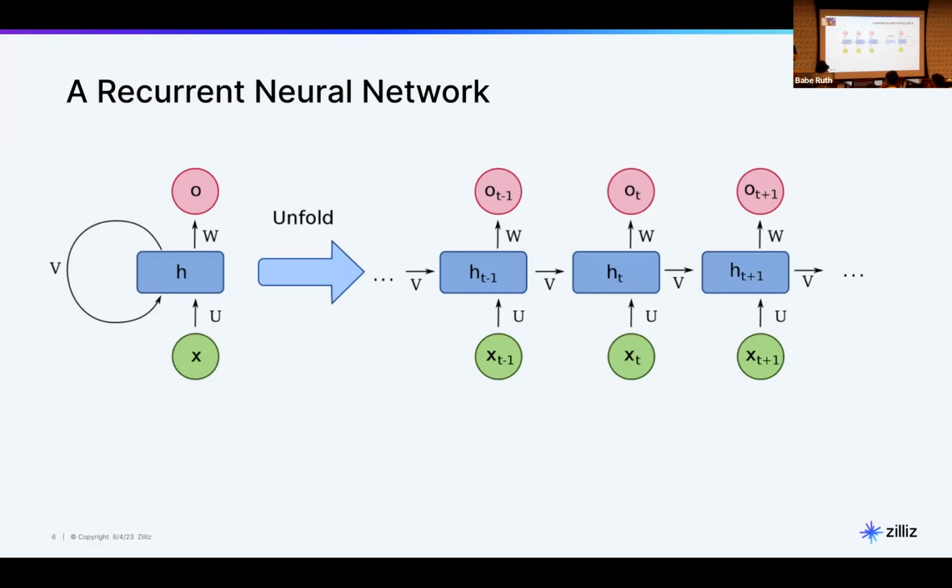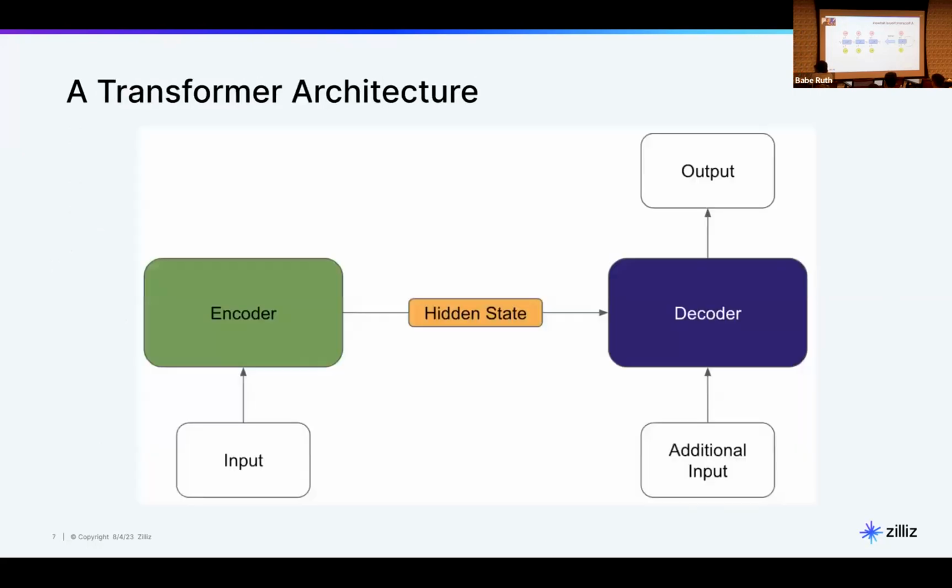What recurrent neural networks allow you to do is keep track of how your tokens have come in through a time model. And it essentially helps solve the sequence-to-sequence problem. But recurrent neural networks can only do sequences of the same size. So to answer that, we created the transformer architecture.